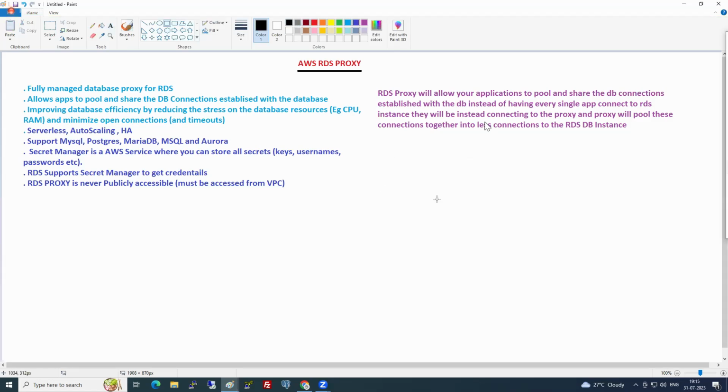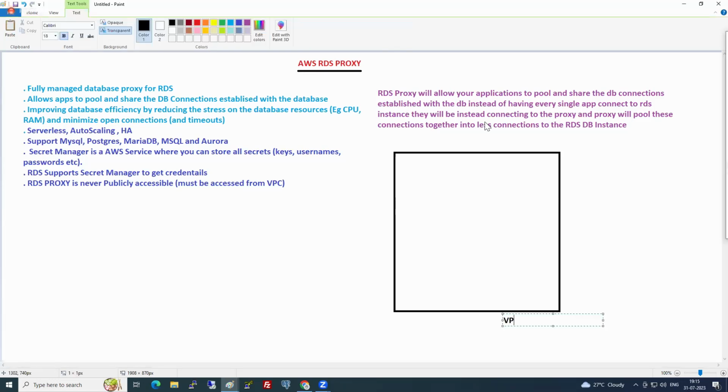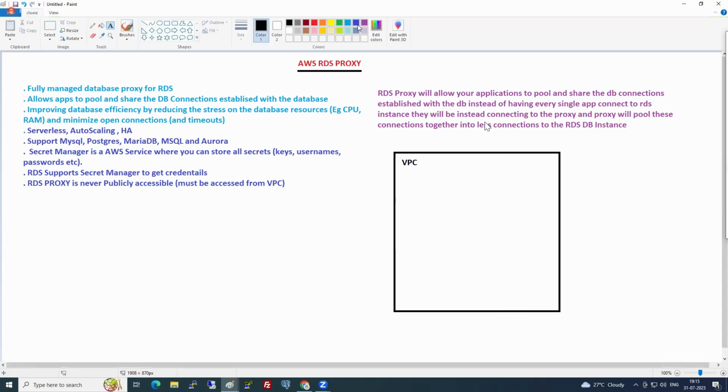So everything should be inside the VPC. You have a VPC, guys, and you might have EC2 instances here. It can be EC2 instances or any resources, no issues. And then this is the private subnet.